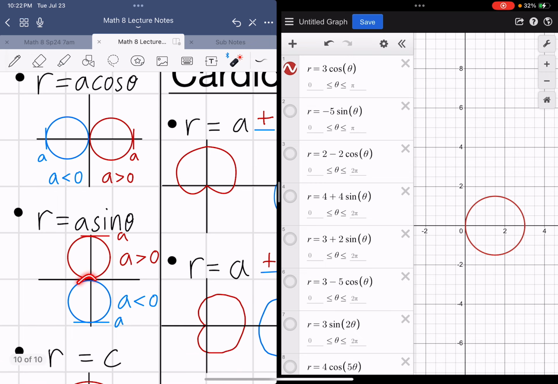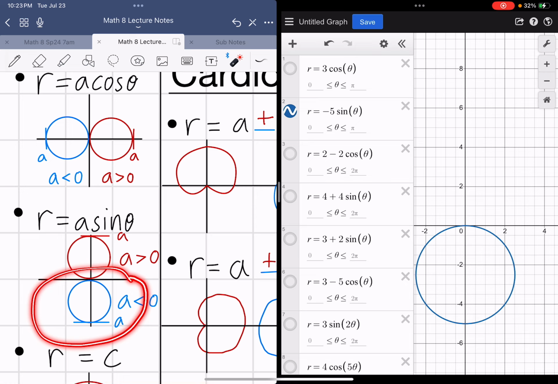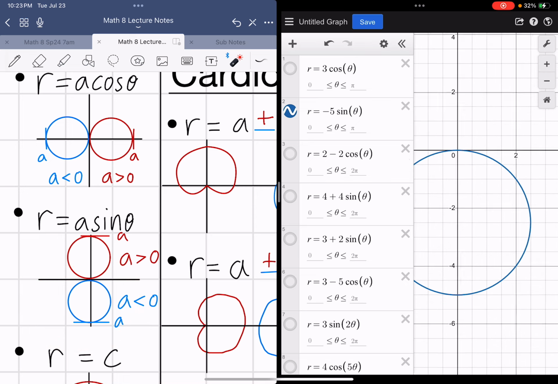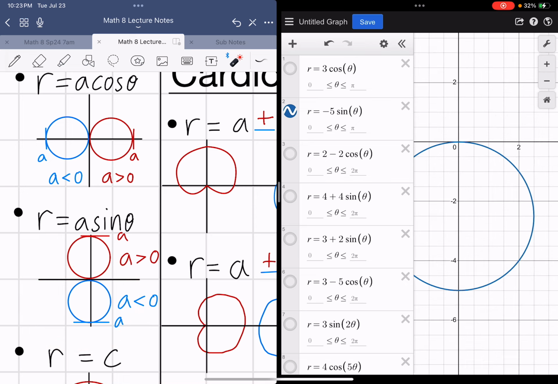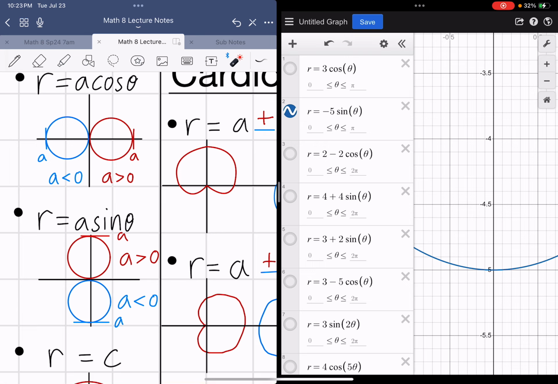And I have an example here where I have a negative sign, and I'm going to show you how it resembles this graph here. If you notice, I'm going to zoom in a little bit, and a key thing to recognize is how that -5, the negative, tells me on what side of the graph it's going to be, and the 5 tells me how low the graph is going.